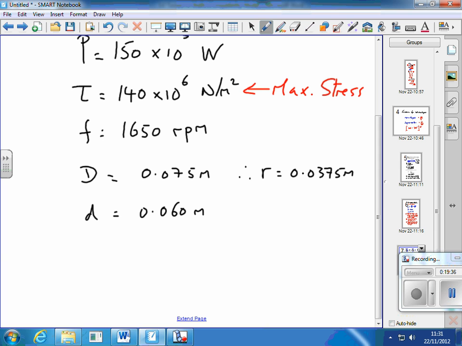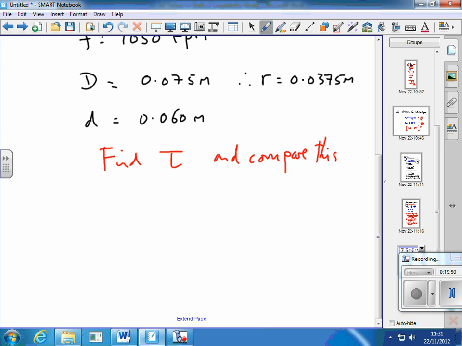What we're having to do in this question is find the stress, and then compare this with the maximum tau, as a percentage I guess, to find this safety factor.